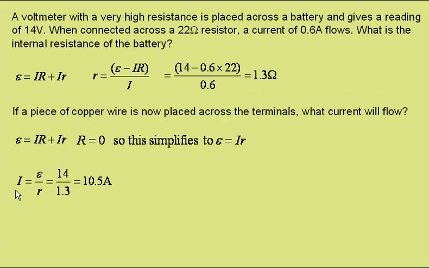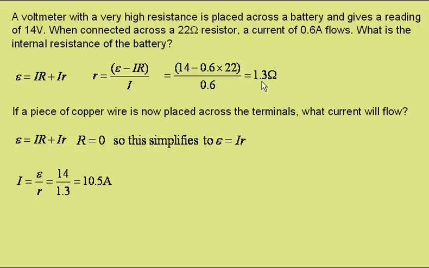Rearranging, we get that the current is equal to the EMF divided by the internal resistance, the EMF we were given of 14 volts, the internal resistance we found previously of 1.3 ohms, giving a current of 10.5 amps. Incidentally, 14 divided by 1.3 actually would give 10.8 amps, but my answer here was 1.3 recurring.